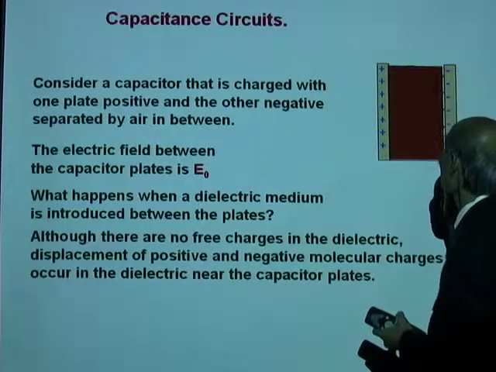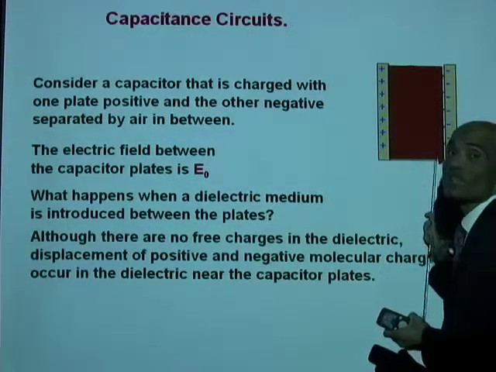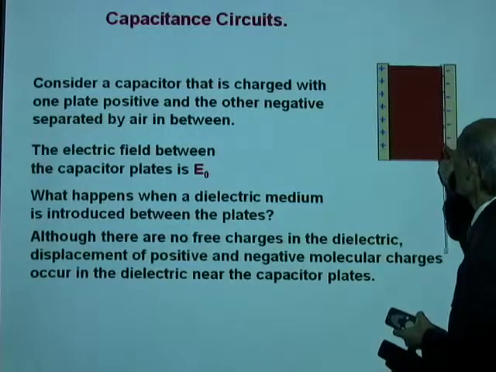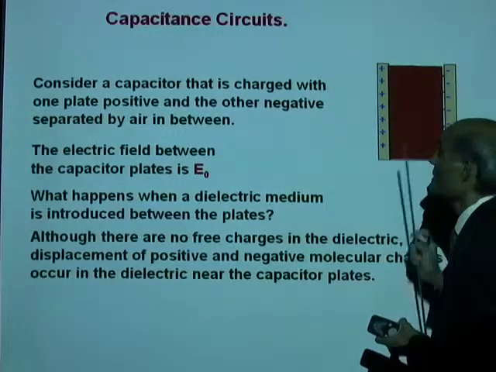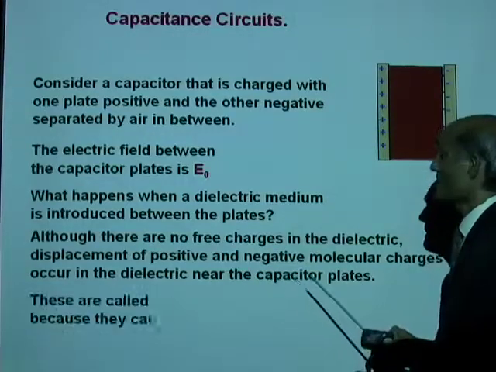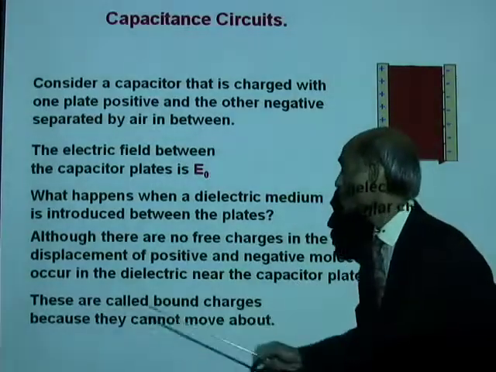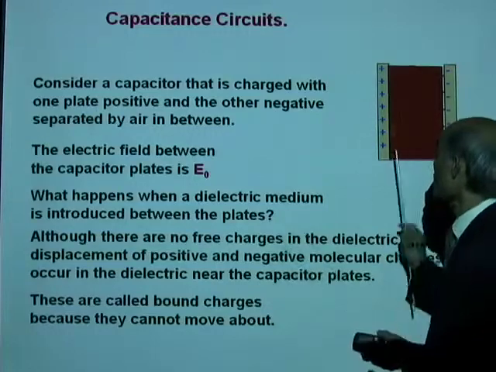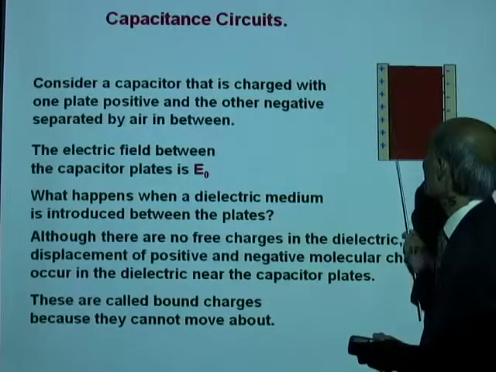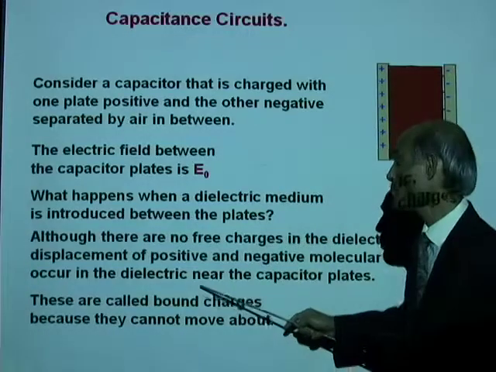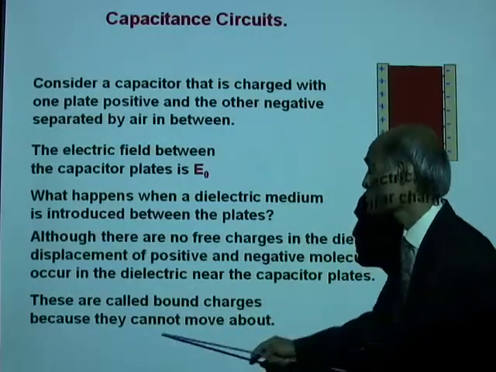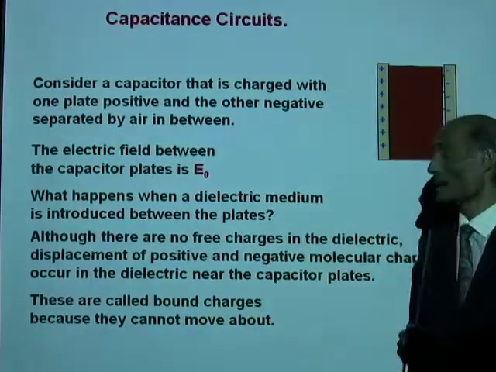Similarly, at the end of the dielectric facing the negative plate, positive charges will align at this end and negative on the other end. These are called bound charges. The charges that appear on the dielectric are not free to move. Therefore, we call them bound charges. They cannot move about.